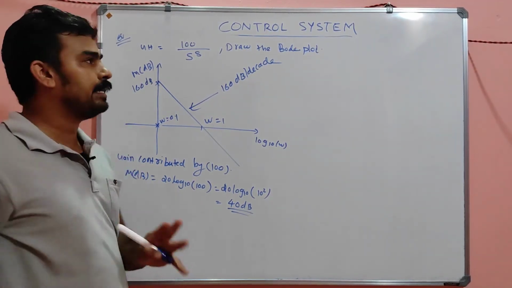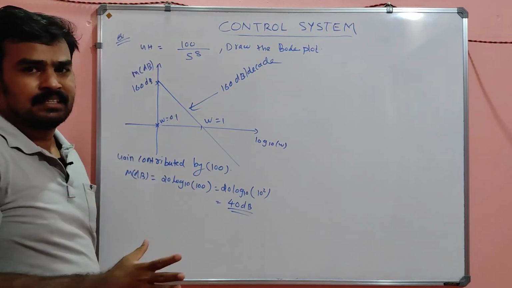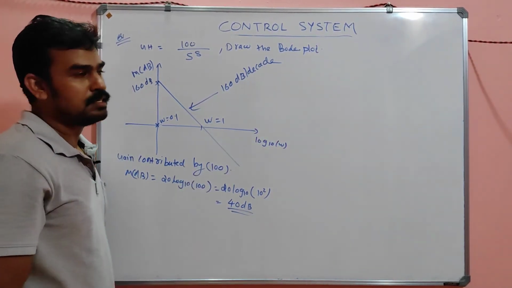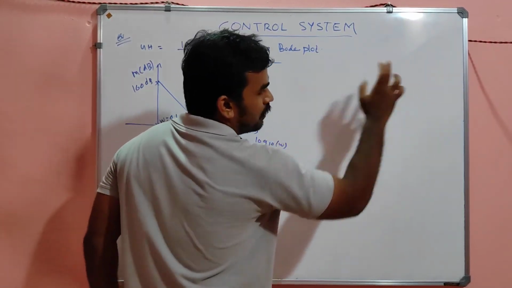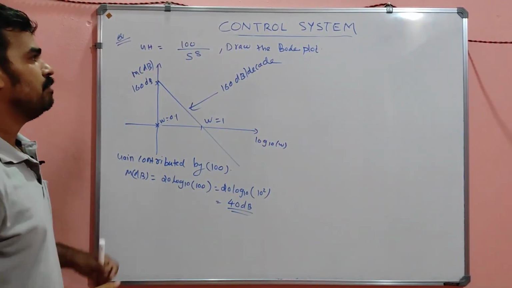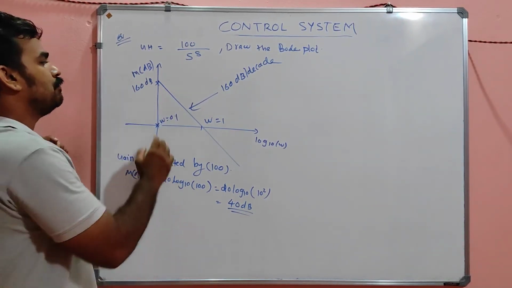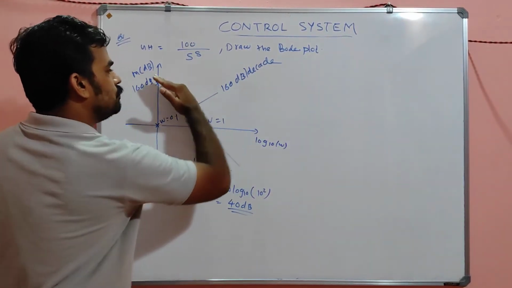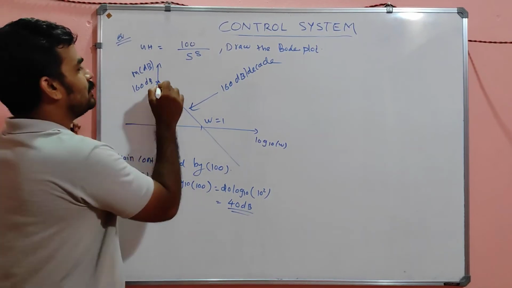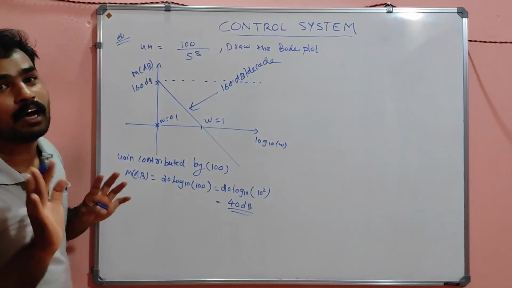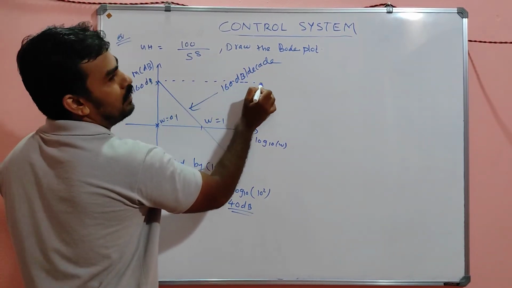Suppose you plot a graph of only 100 for all log 10 to the base omega, you may get a graph like this, parallel to the x-axis. But whenever there is an effect of this 1 by s raised to 8 now, the graph will not be this much, but this much. You can imagine it like this, my dear. So this is nothing but the previous 100 graph. This was the 100 graph initially.